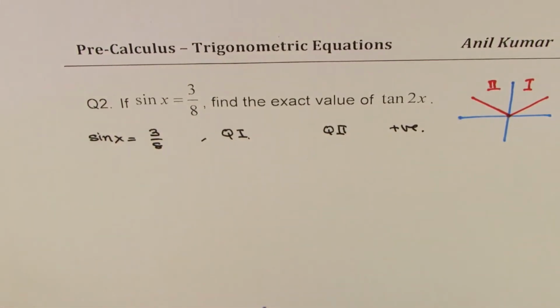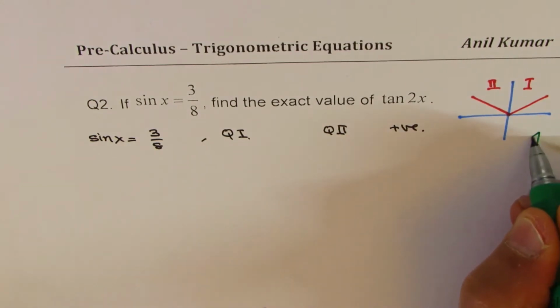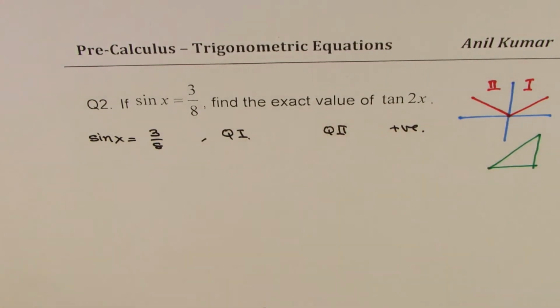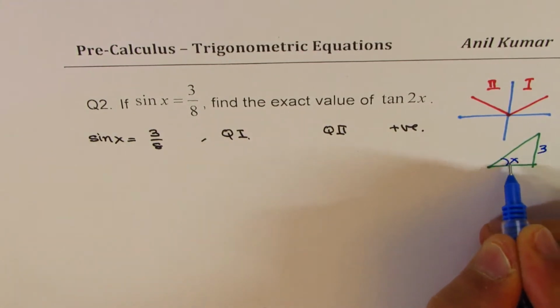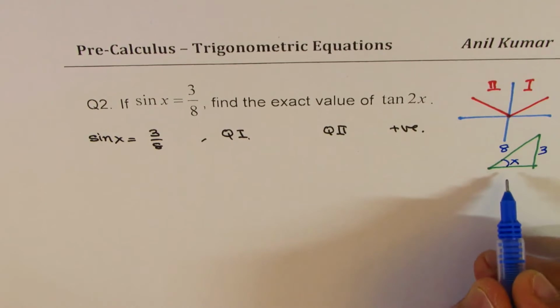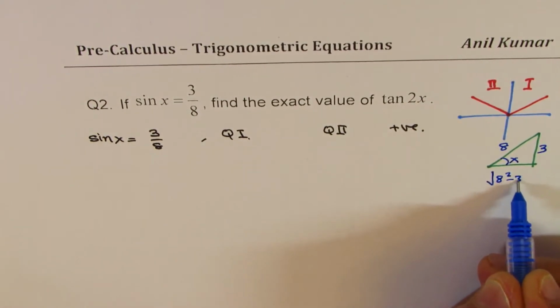Perfect. Now let's also consider a triangle so that we can find what tan x is, right? So if I make a triangle with side lengths, let's say 3 and 8, 3 being opposite side to x, 8 being the hypotenuse, then the adjacent side is square root of 8 square minus 3 square, correct?